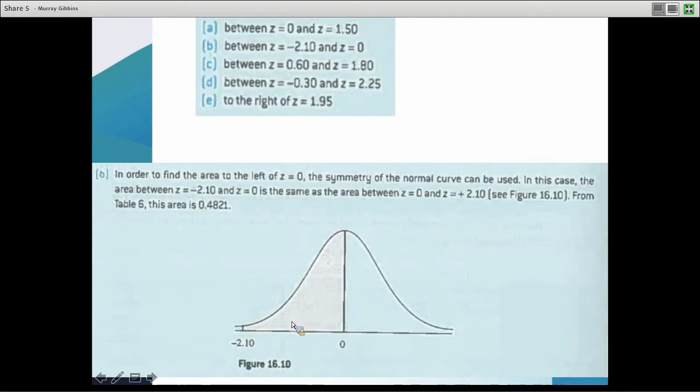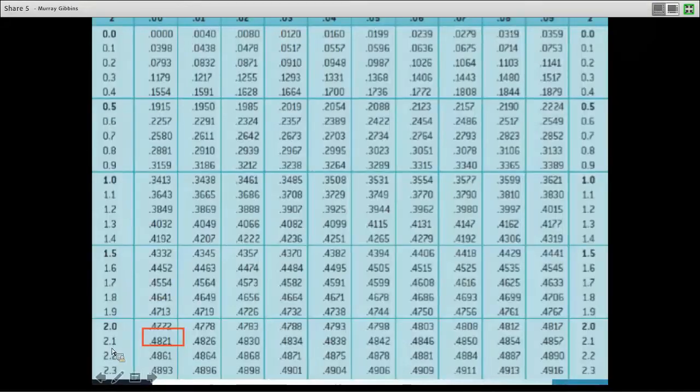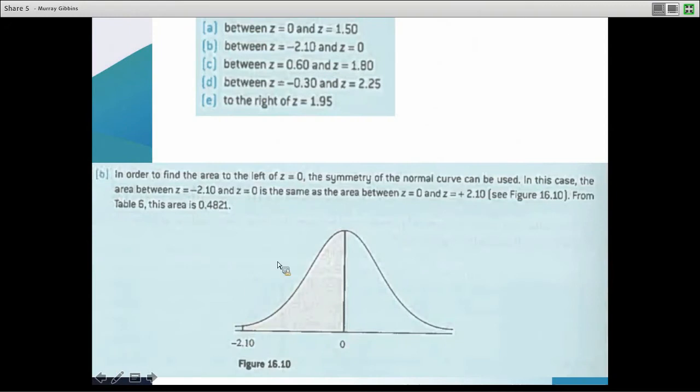So a Z score of 2.1, what sort of area would that represent? So all we've really got to do is look up that Z score for 2.1, go to 2.1, and we find an area of 0.4821. 0.4821 would be that area there.